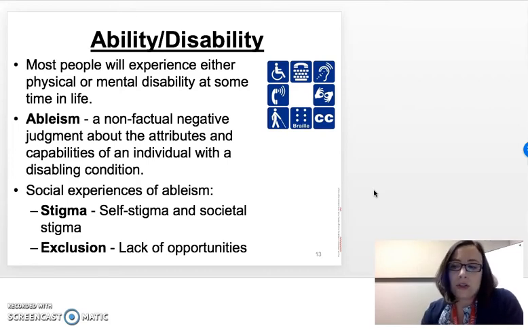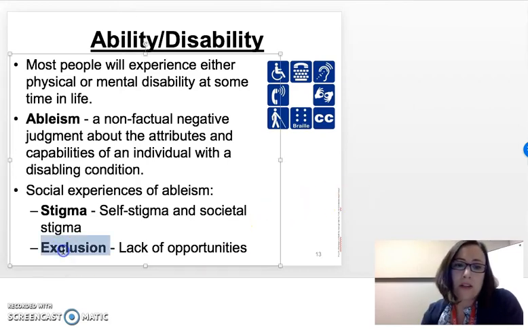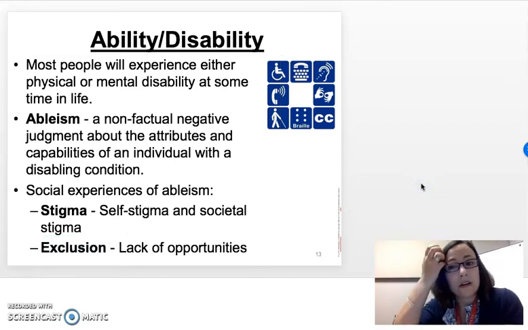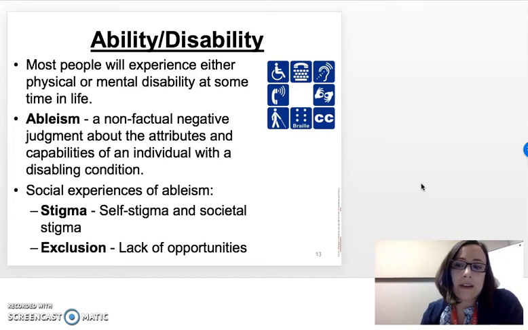And we also unfortunately find that a lot of folks with disabilities are excluded from certain areas of society, be it an area of society that does not have physical accessibility to a building, be it a different opportunity that might not be accessible in another way.